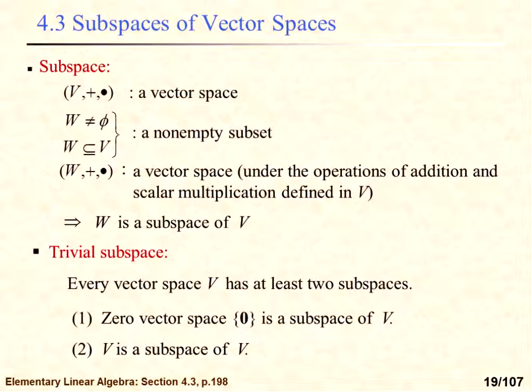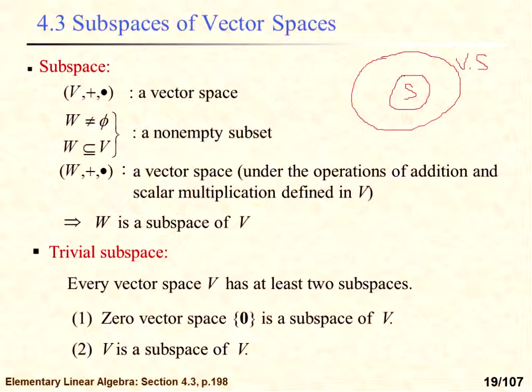The next thing is the subspace. A subspace is basically a part of the vector space. For example, we have a vector space, and this is a small part of it, a subspace. The big one is the vector space. A subspace is a part of the vector space and satisfies all the properties of the vector space.